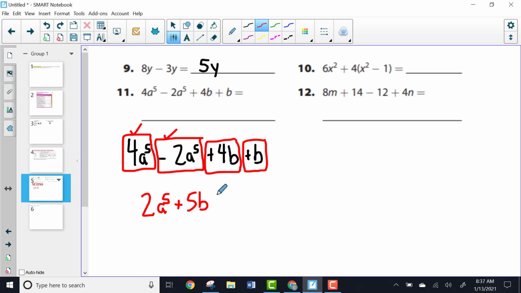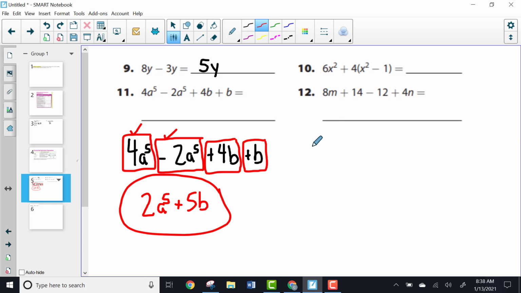So the equivalent expression to 4a to the power 5 minus 2a to the power 5 plus 4b plus b is 2a to the power 5 plus 5b. It's very important to understand that like terms are terms with the same variables raised to the same powers. You cannot just combine terms if they don't have the same variable or aren't raised to the same power.